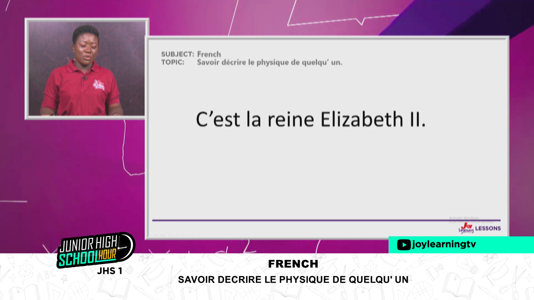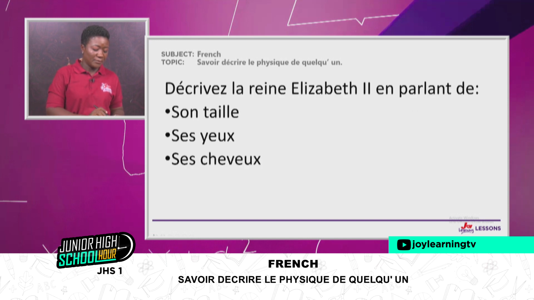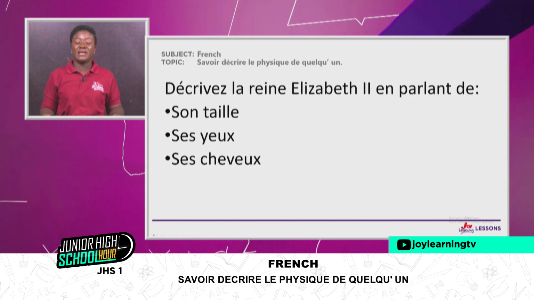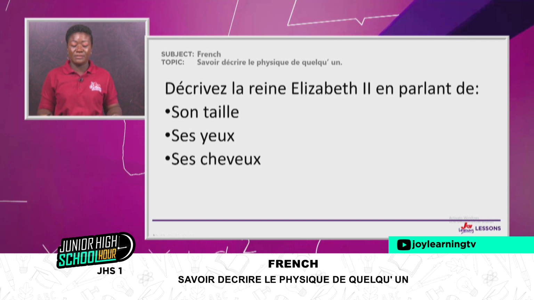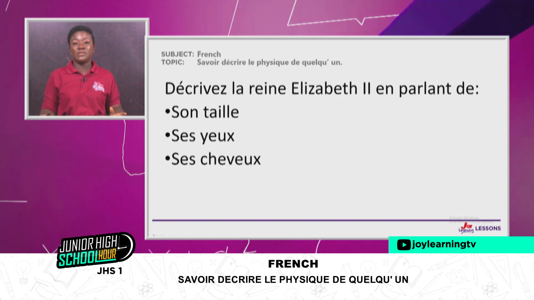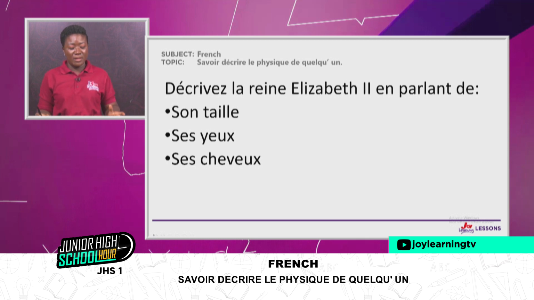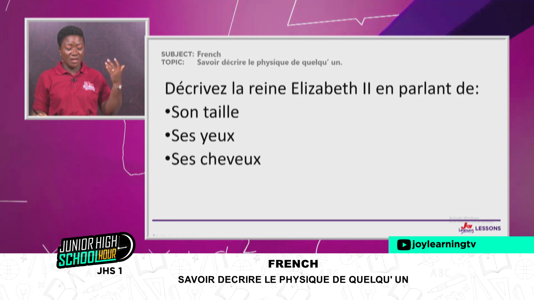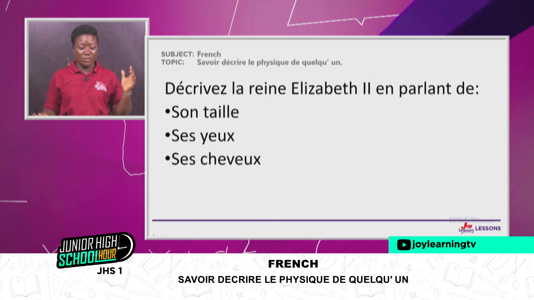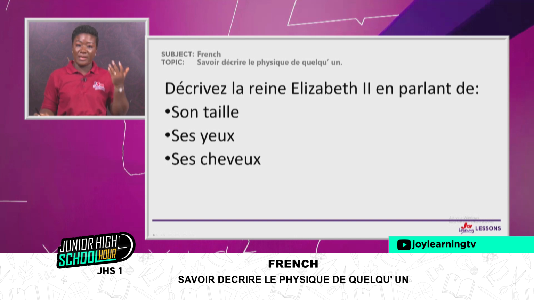So we are describing her. So, décrivez la reine Elisabeth II en parlant de son taille, ses yeux et ses cheveux. So, describe her, talking about her physical height or the physical structure, her eyes, and then her hair.